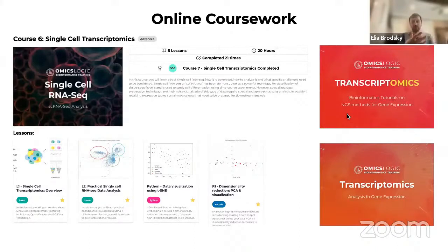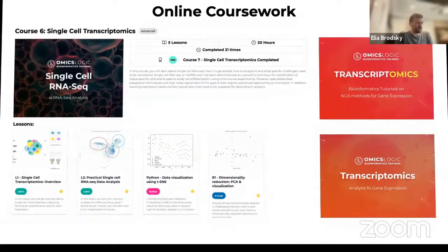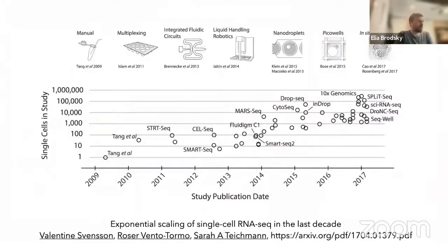But how do we achieve that? How do we actually produce data that can help us see some of these differences? Well, in 2019, I believe this paper came out that did a review of many different methods of single cell data preparation.